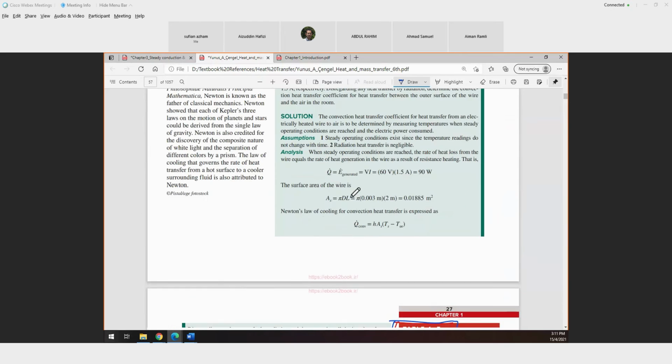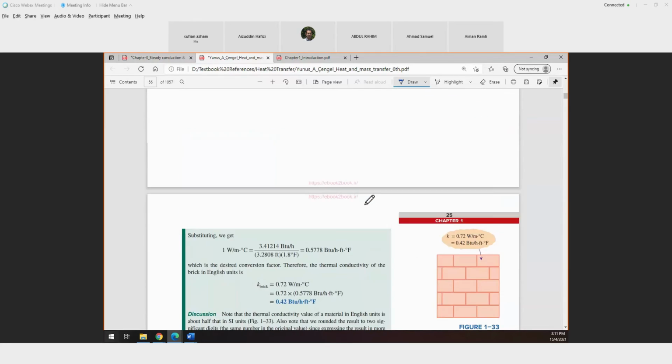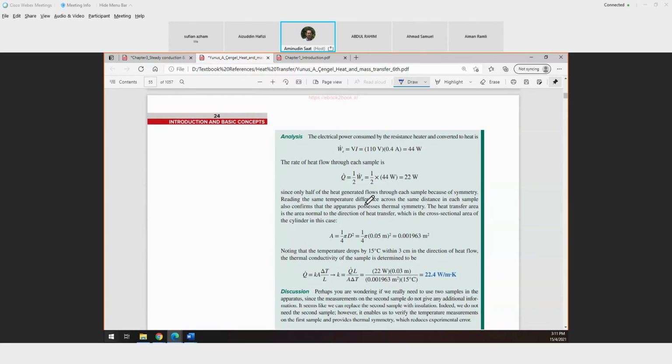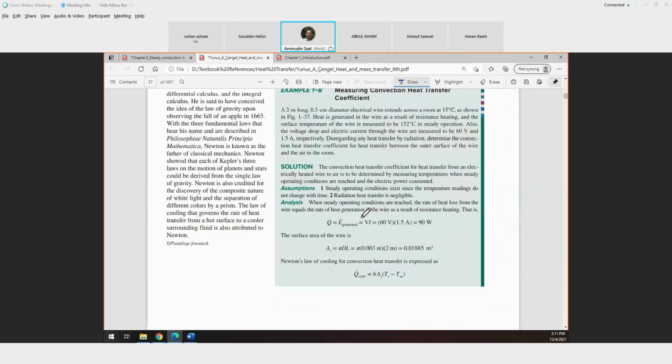I try to find some example on convection so that it is clearly indicated.